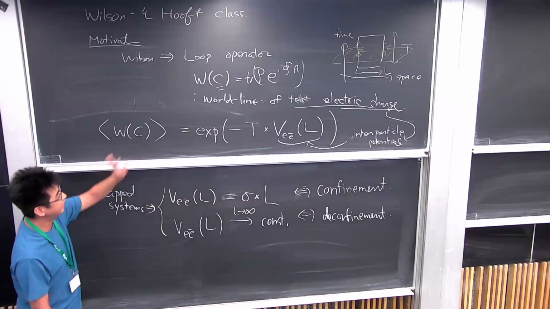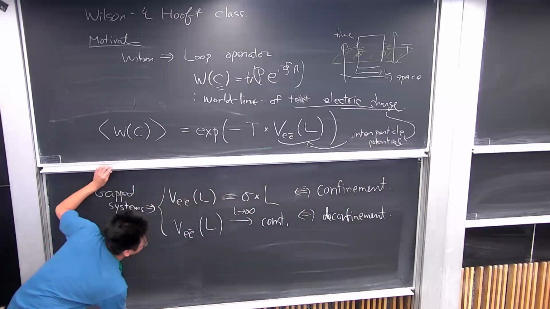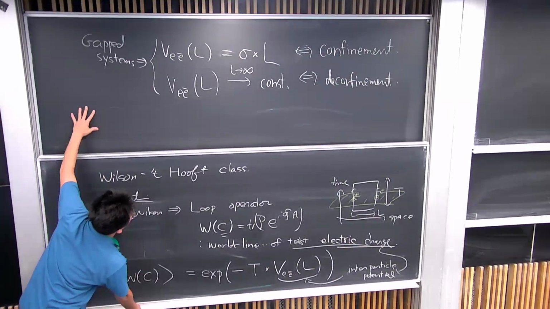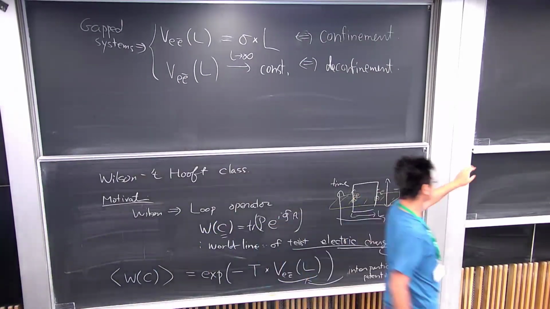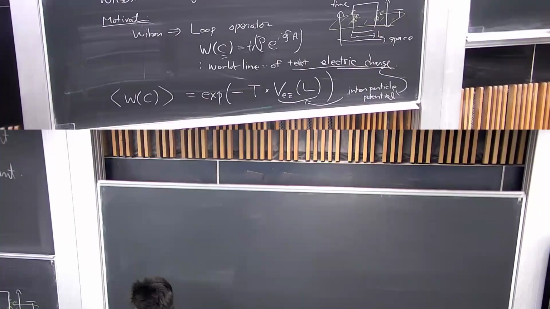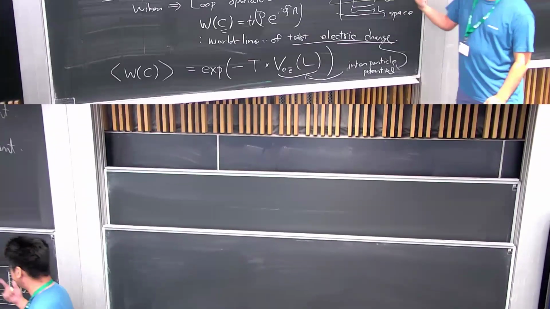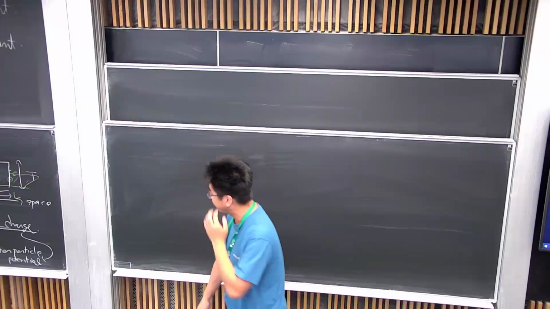In this way, the loop operator plays an important role in classifying whether a system is in a confinement phase or a deconfined phase. This is the basic idea of using the loop operator to distinguish confinement and deconfinement.